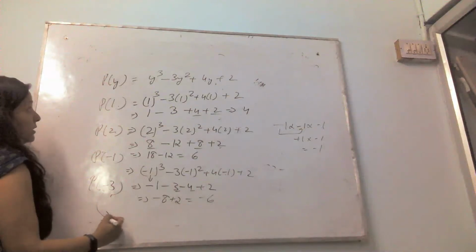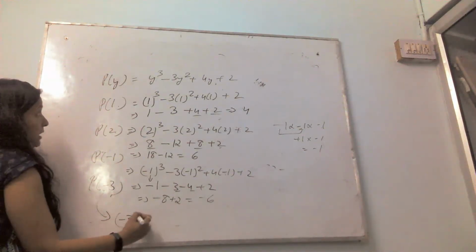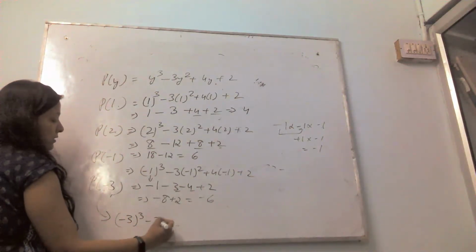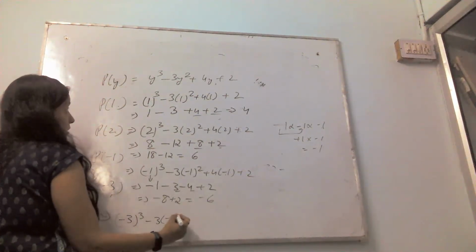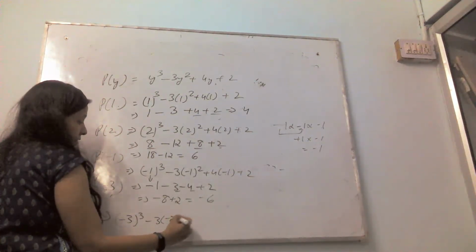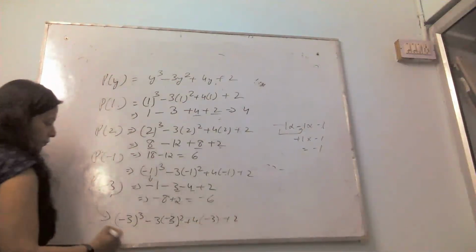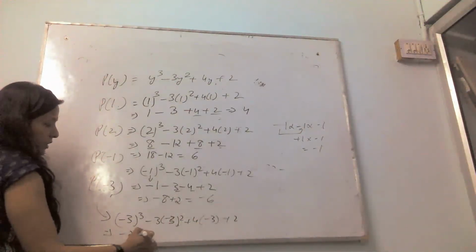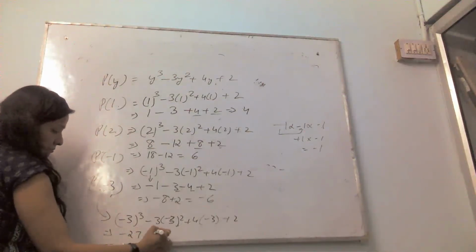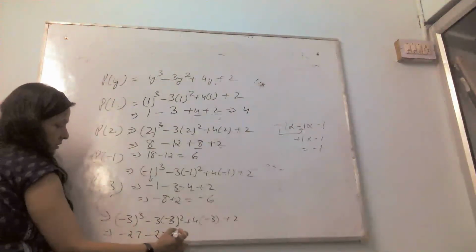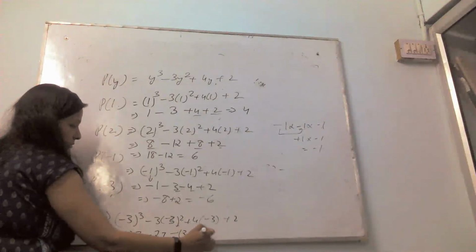Now p(minus 3): minus 3 to the power 3 minus 3 times minus 3 square plus 4 times minus 3 plus 2. Minus 27 minus 27 minus 12 plus 2.